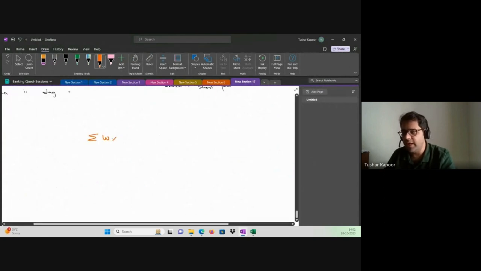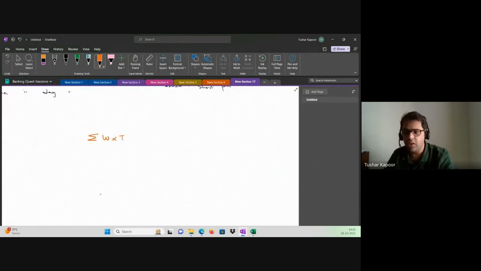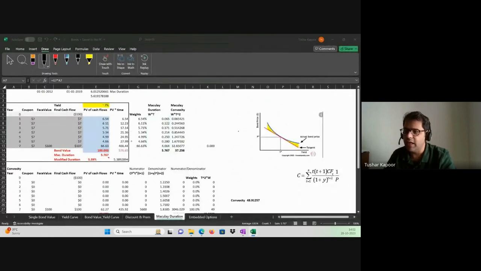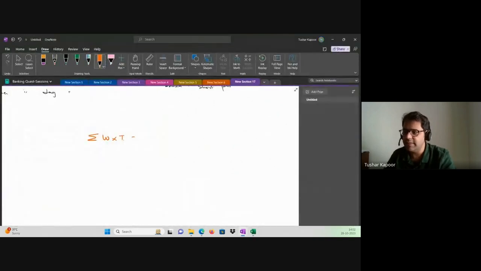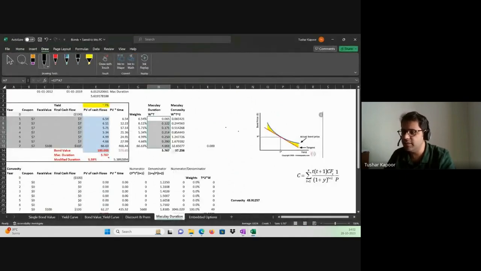I'm multiplying the weight into time for all the periods, and what I get out of it is the duration, the Macaulay duration. You can see that the Macaulay duration I get is 5.767, which I'm getting directly from this method as well.